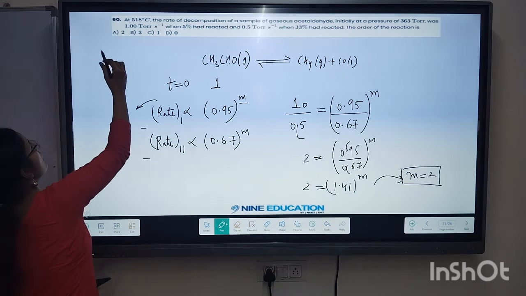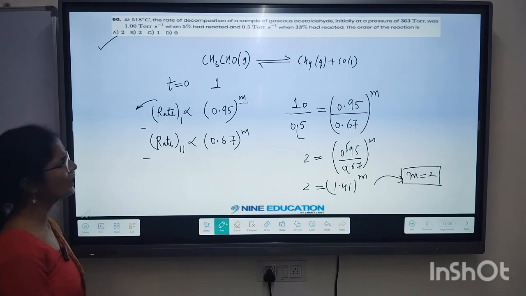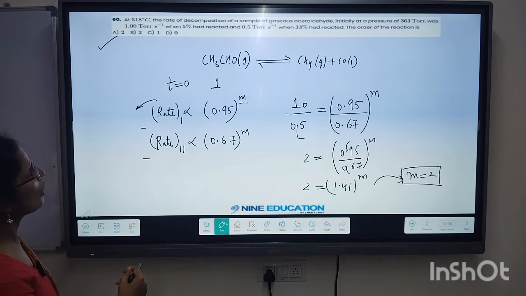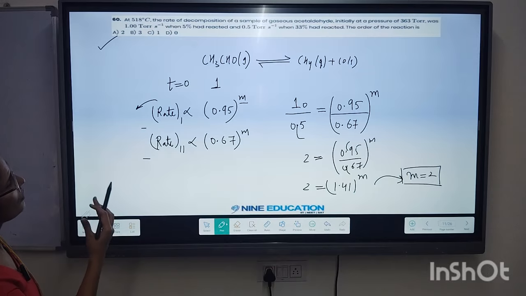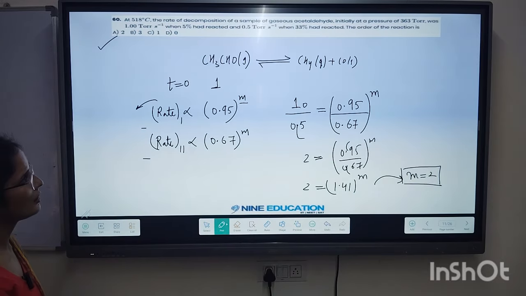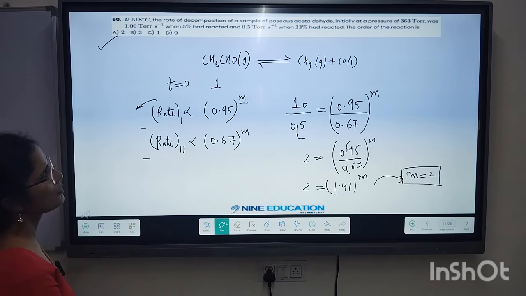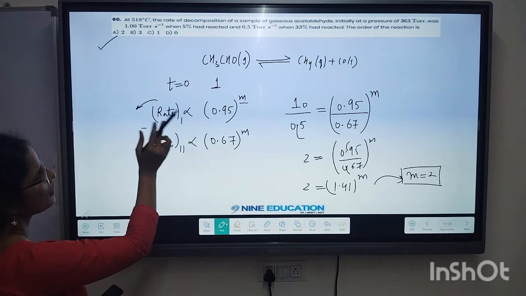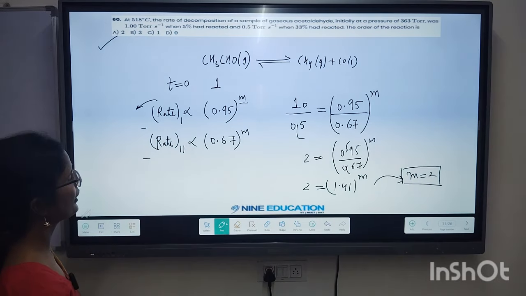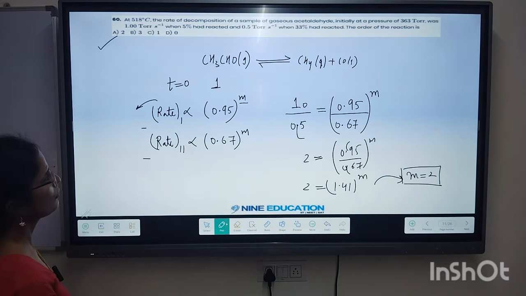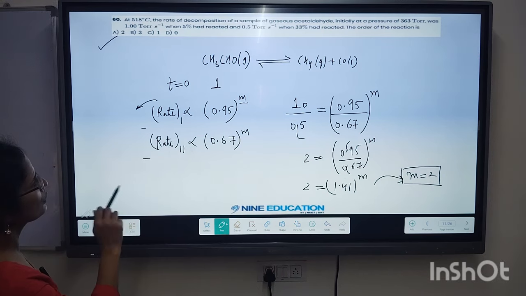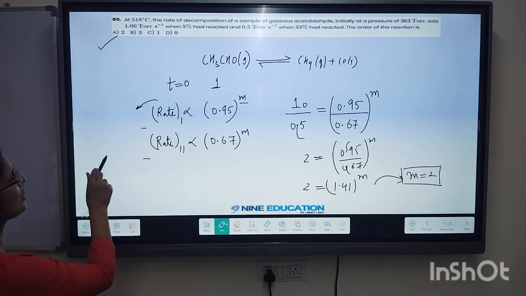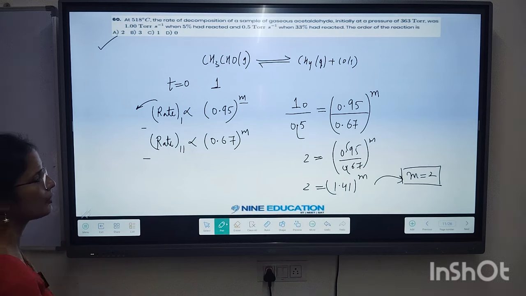So the correct option will be option A. Again, what are the key points for this question? They are talking about some gaseous acetaldehyde undergoing a decomposition reaction, so CH3CHO is converting into some products, and we need to find the order with respect to acetaldehyde. In order to find the order, we have 2 rates at 2 different times. In the first case 5% had reacted, so 95% is there.